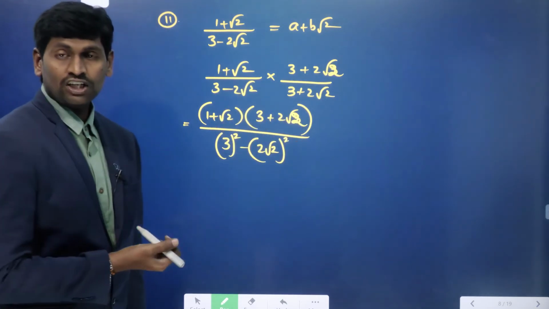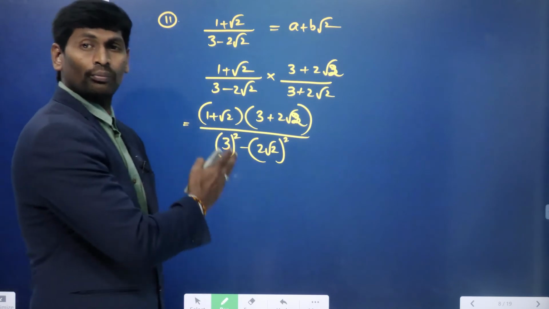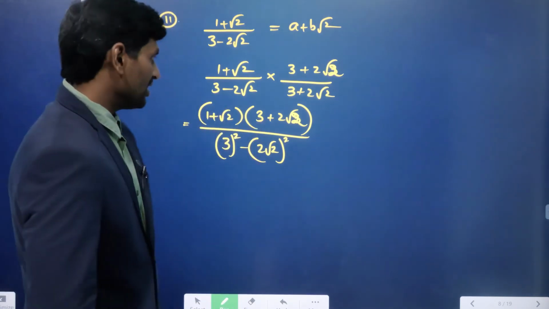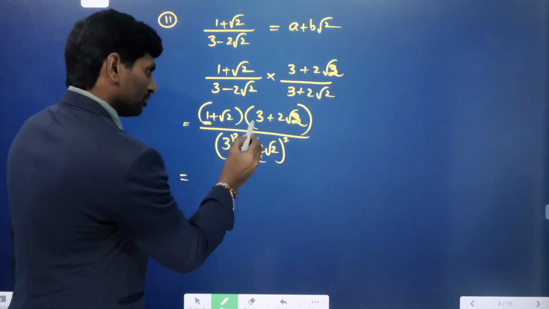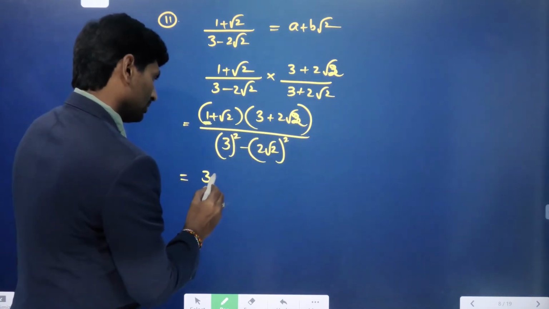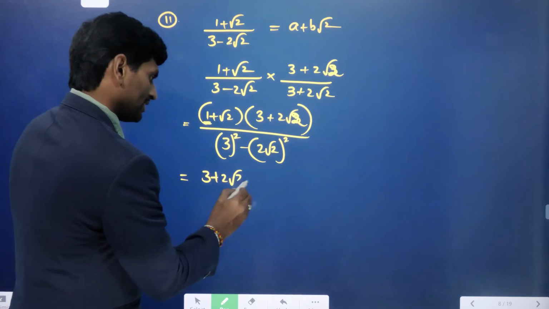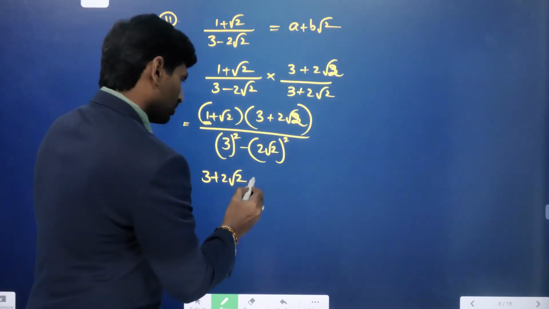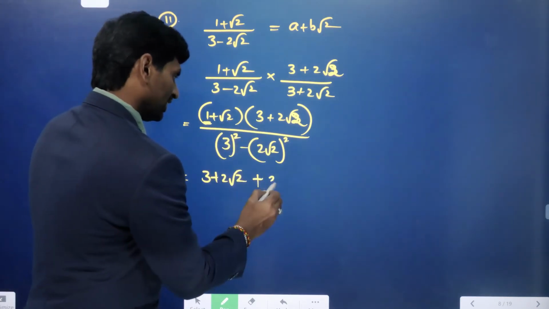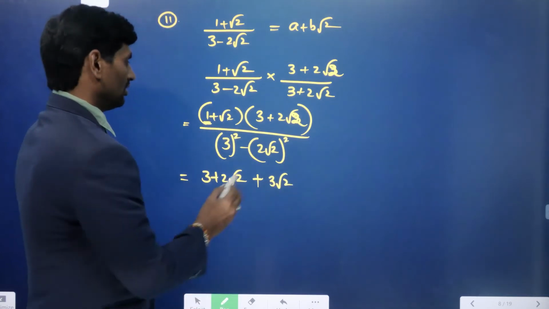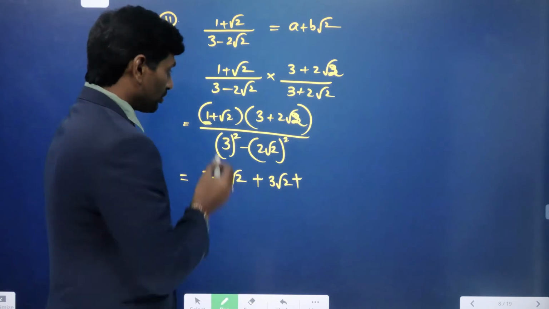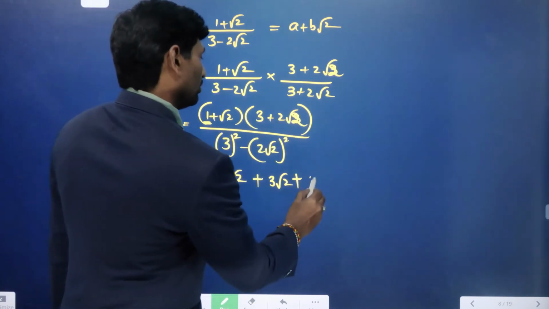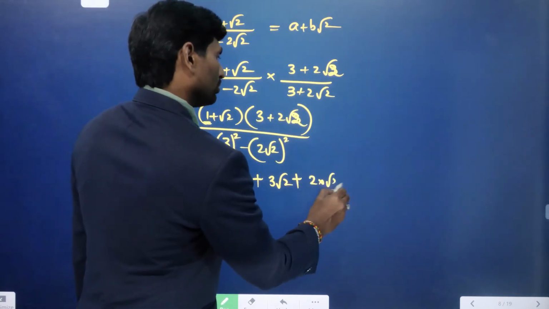But the numerator is not applying any formula, it is just binomial into binomial multiplication. Try to do it. With 1 you multiply 1 into this entire term, 3 plus 2 root 2, as it is will come. Plus root 2 onwards, root 2 into 3, 3 root 2, plus root 2 into 2 root 2.